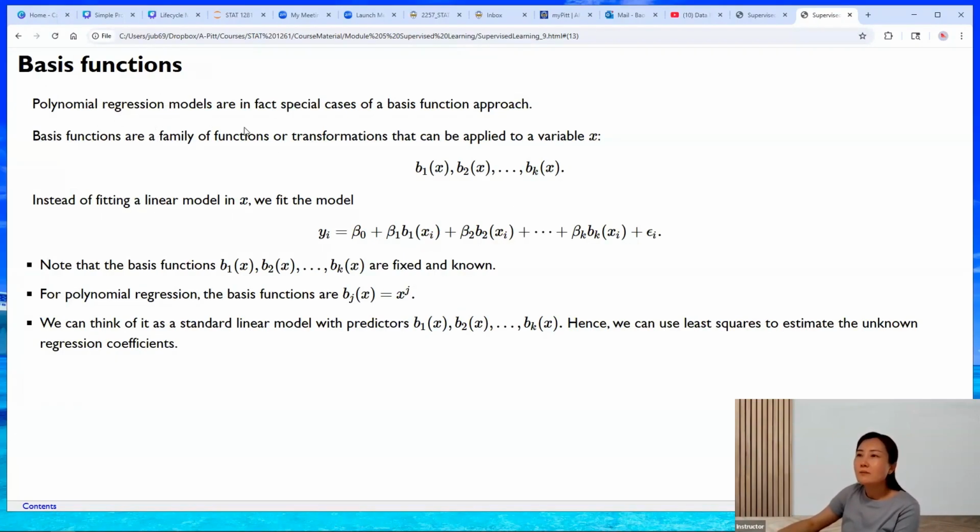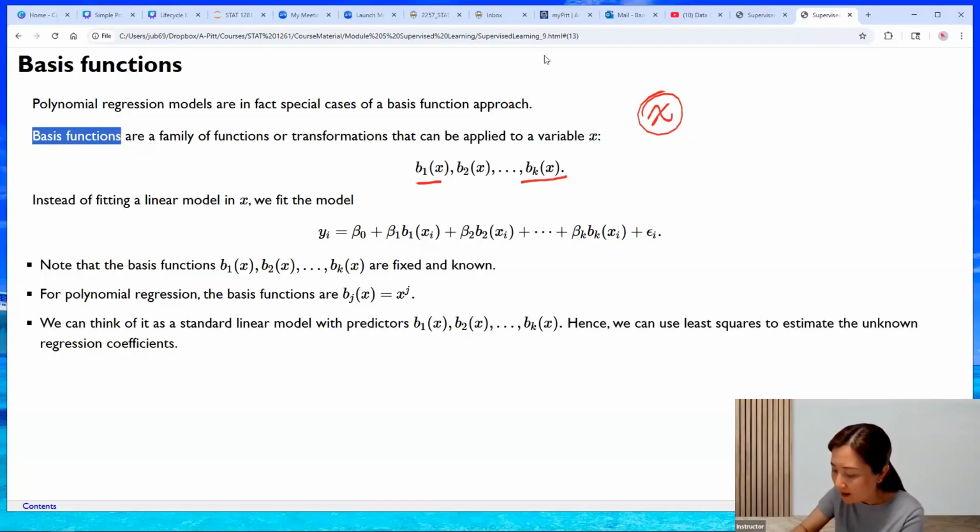So polynomial regression models are, in fact, special cases of a basis function approach. Basis functions are a family of functions or transformations that can be applied to a variable x. For any individual variable x, we can create, for example, k basis functions, which are some functions of x itself. And instead of fitting a model in x, we can fit a model in the basis of x.